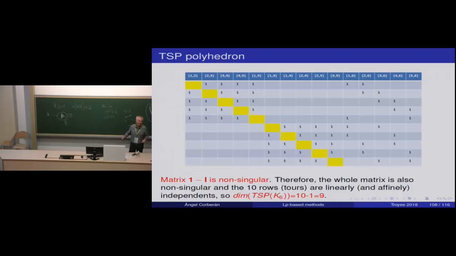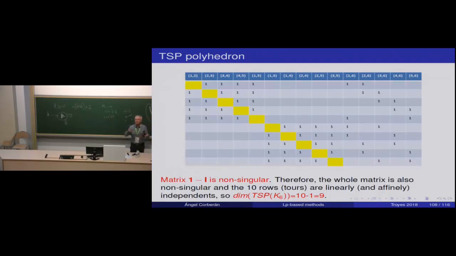It's not so difficult, but it's new for many of us, and we have to enter a little bit into this kind of work. You have to construct feasible solutions to your problem, construct the associated matrix, and then prove that they are linearly independent.